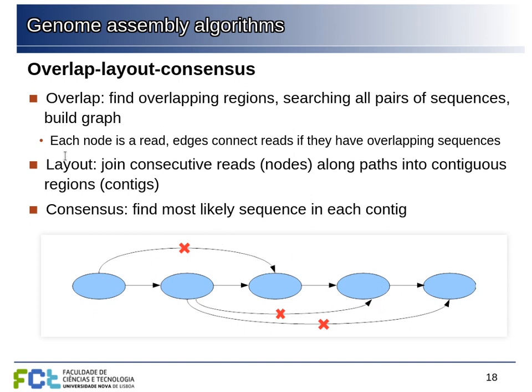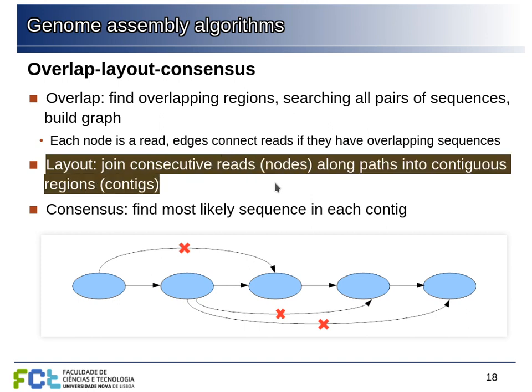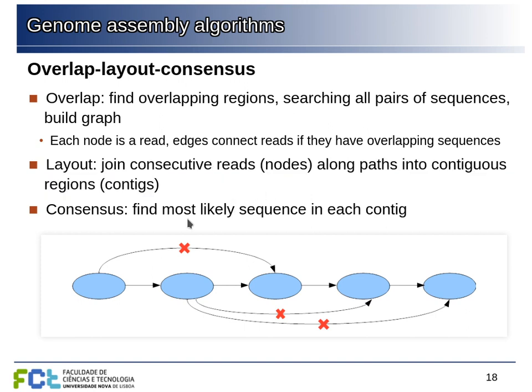But then in this layout stage, we can find these contigs by eliminating redundant connections here. So if we have this order of these fragments here, we don't need to care about this overlap here because it's already implicit in this sequence.